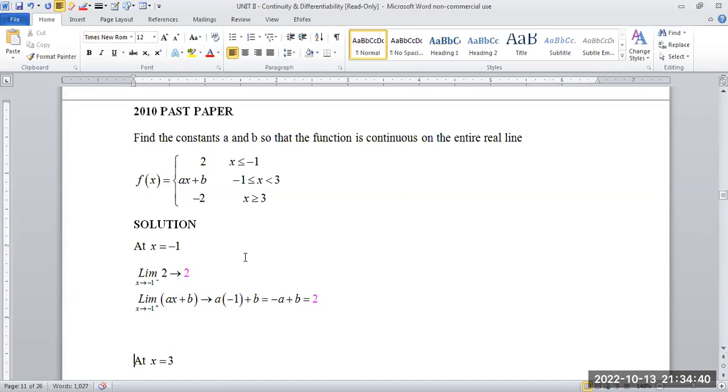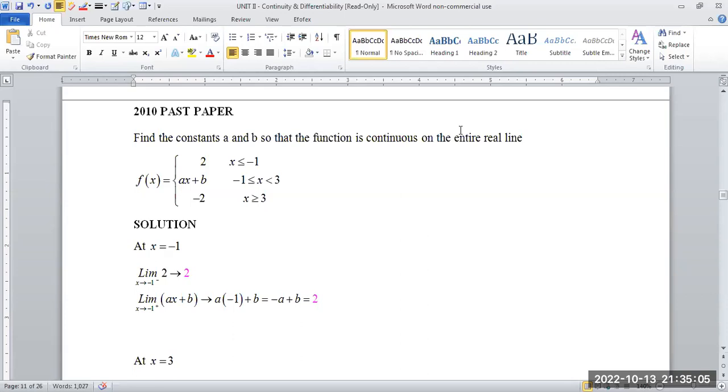In order for this function to be continuous over all the values, continuous on the entire real line, that's another way of writing x is greater than negative infinity but less than positive infinity. Over every single point on the number line, you want it to be continuous.